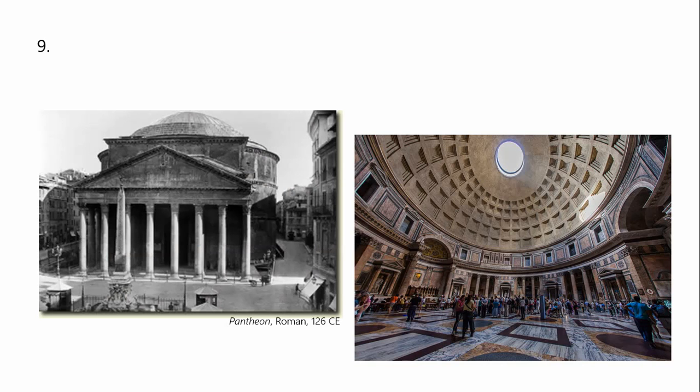Okay, the Pantheon. Number one, you would mention the dome ceiling, and these two images are of the same building. The only reason why we have a black and white image of the exterior here is because since then there's been more buildings built up around it, so you don't get a clear view of it like we do from this older image. It's not that this is an older building and this is a new building, as I think one person mistakenly assumed.